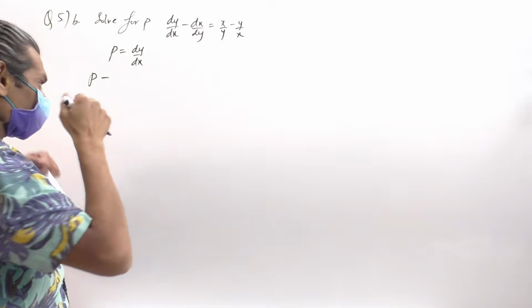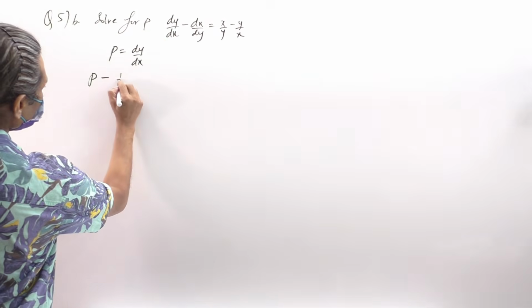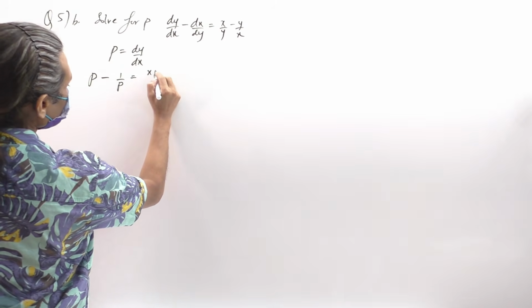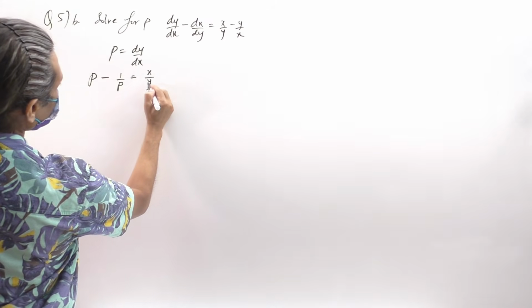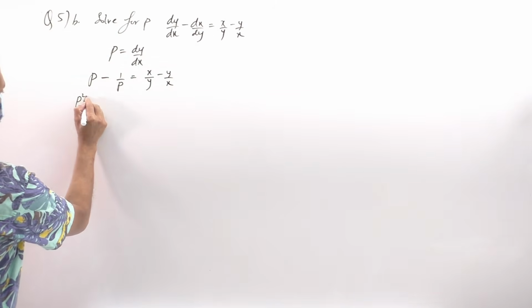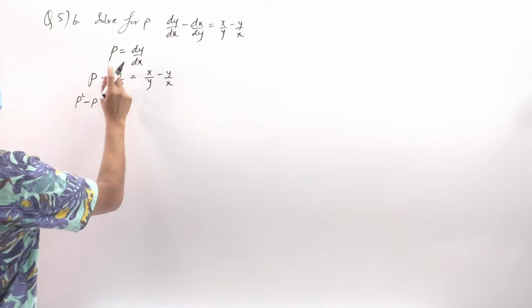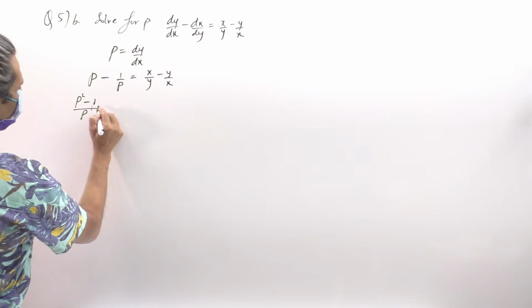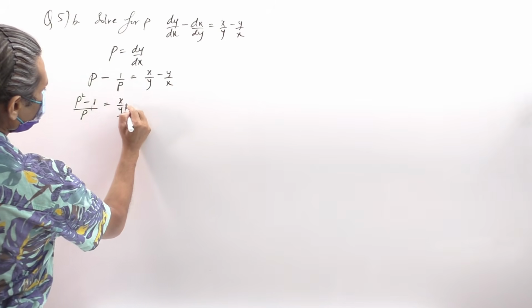See, dy by dx is p, so dx by dy will be 1 by p, equals x by y minus y by x. Fine. Now take the LCM: p square minus 1 by p equals x by y minus y by x.